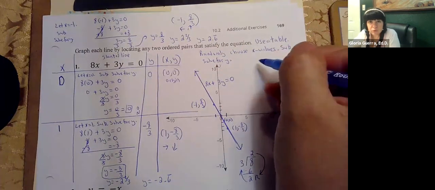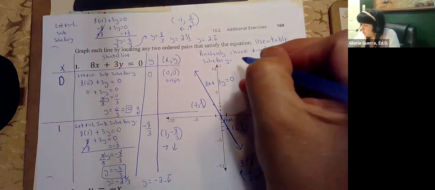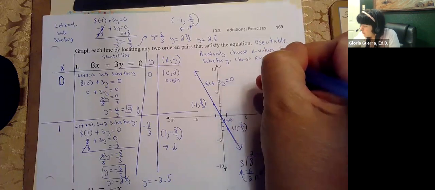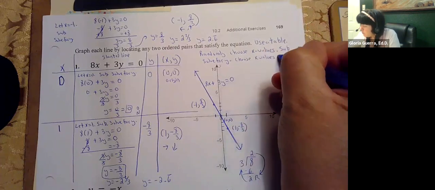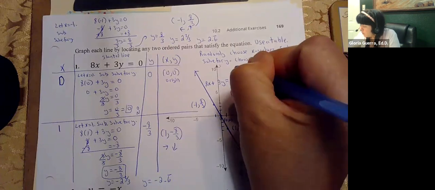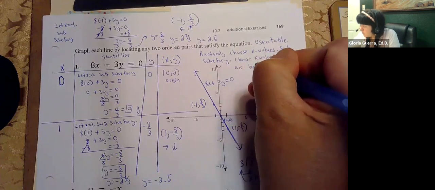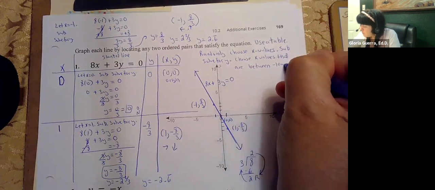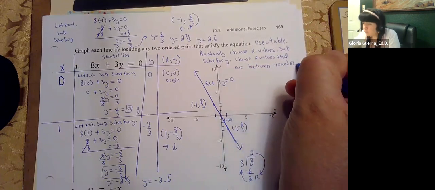When we randomly choose x values, we choose x values between -10 and 10.